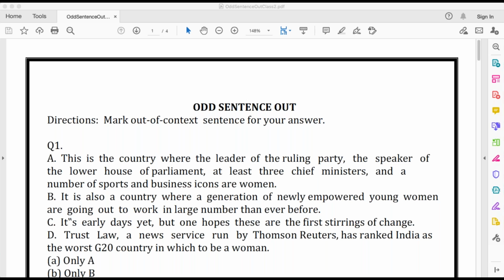So I will not be limiting myself to just the same subject, but if they have a common noun, a common pronoun, a common idea, I will extend my scope of linking the sentences to each other to these parameters as well, and then try to arrive at the odd sentence out.